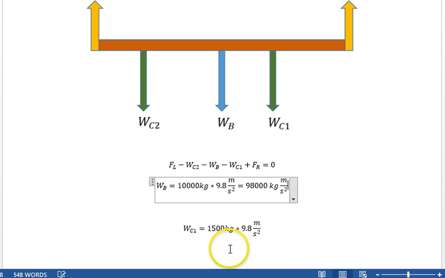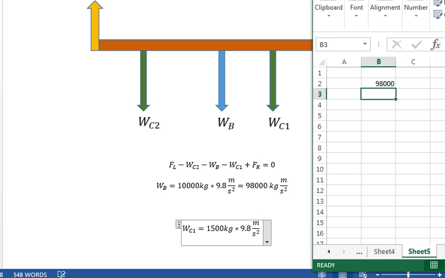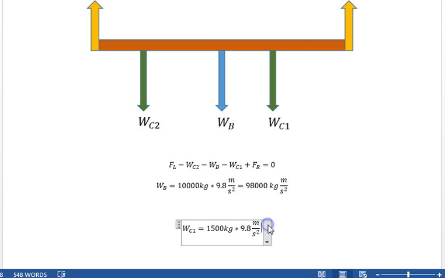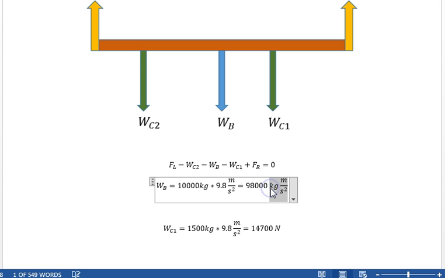And down here we have 1,500 times 9.8, so the weight of car 1 is 14,700 newtons. A kilogram meter per second squared is a newton.